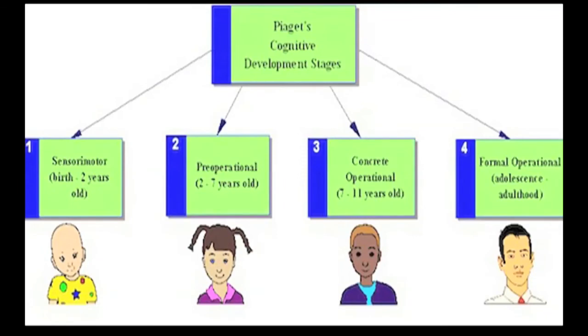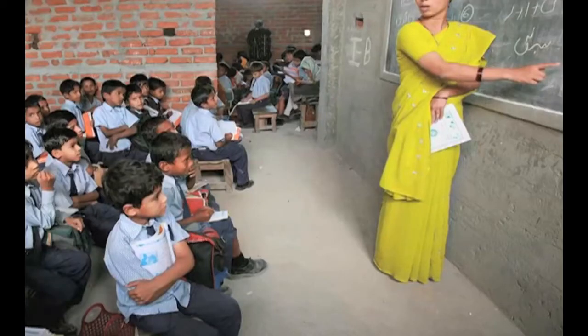The teacher needs to understand the stage of development that the individual is passing through. For the teacher to understand the child, to explain the concepts, to make the child understand, it is necessary that the teacher understand the stage of cognitive development in order to provide instruction more effectively and impart learning more effectively.